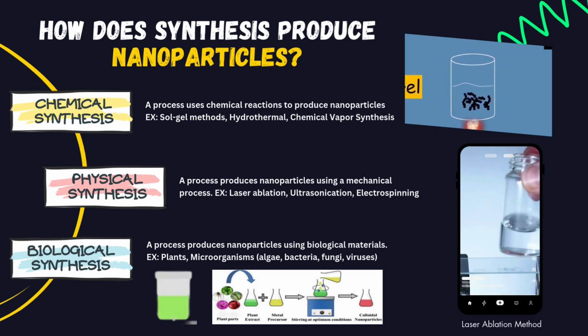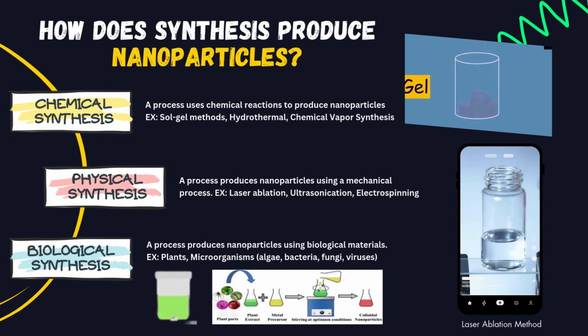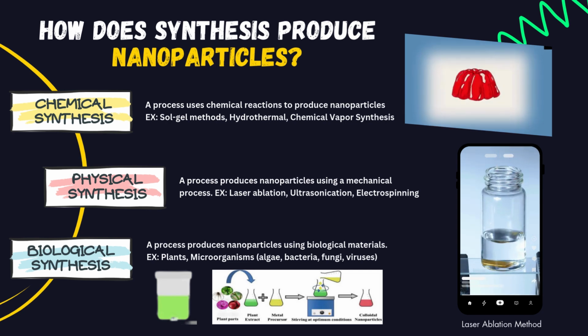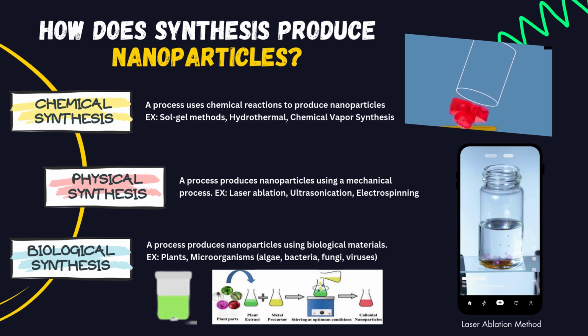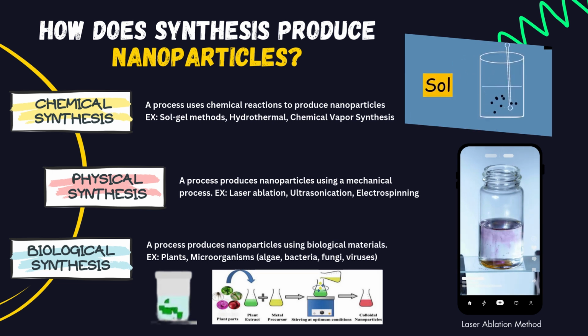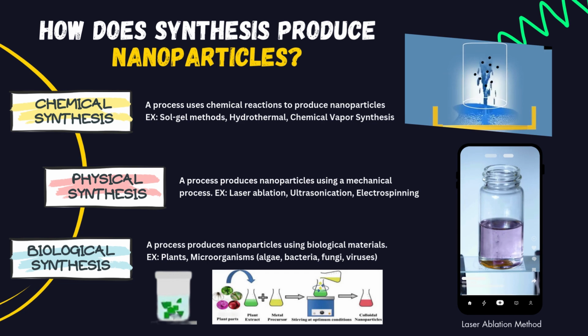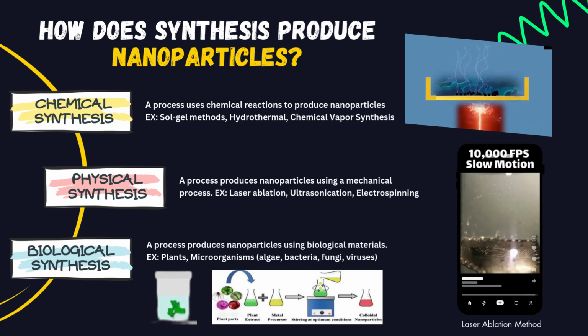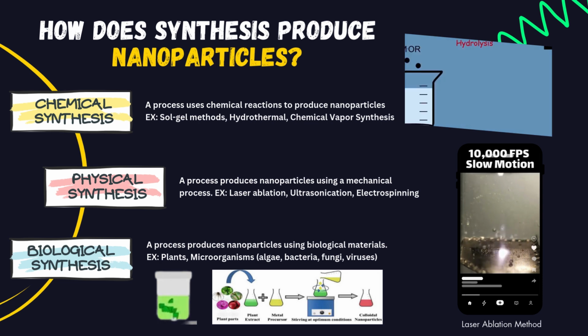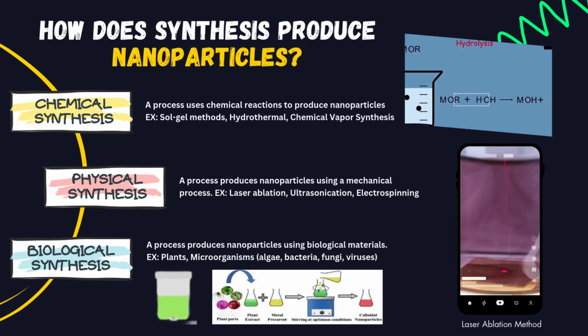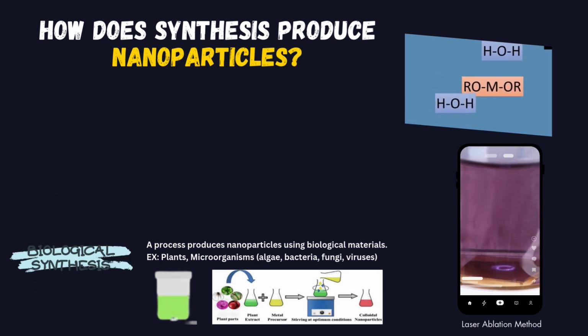Then, we mix the biological extracts with a metal salt solution, for example, silver nitrate. Then, we stir the solution at optimum conditions. Here, chemical reduction of metal ions will occur, and the nanoparticles will grow. Finally, we filter the solution to obtain nanoparticles.